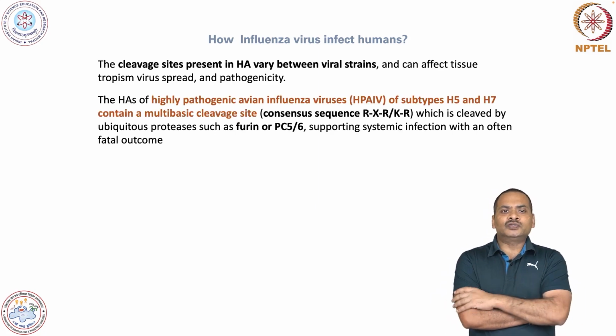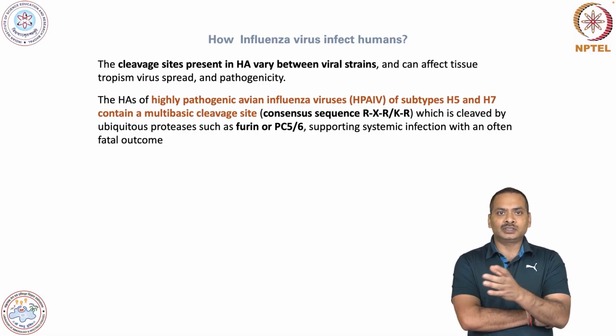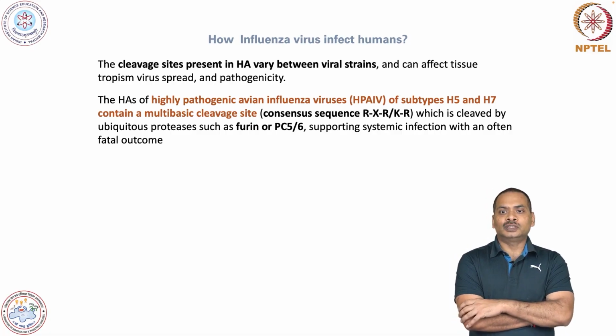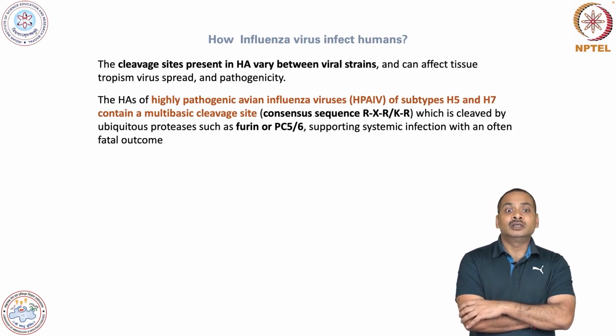The HAs of highly pathogenic avian influenza virus, which we also call HPAIV, of subtype H5 and H7 contain a multibasic site.